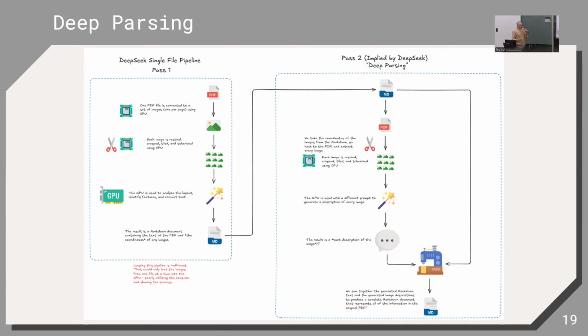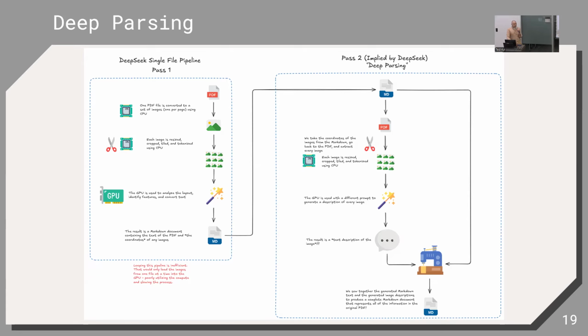Then there's an icon at the bottom of a sewing machine, because then you need to stitch it all back together. You need to put your description of the image, where it came from in the document, and your description of a table, where it came from, etc. And you can end up with an output document that contains all of the information.